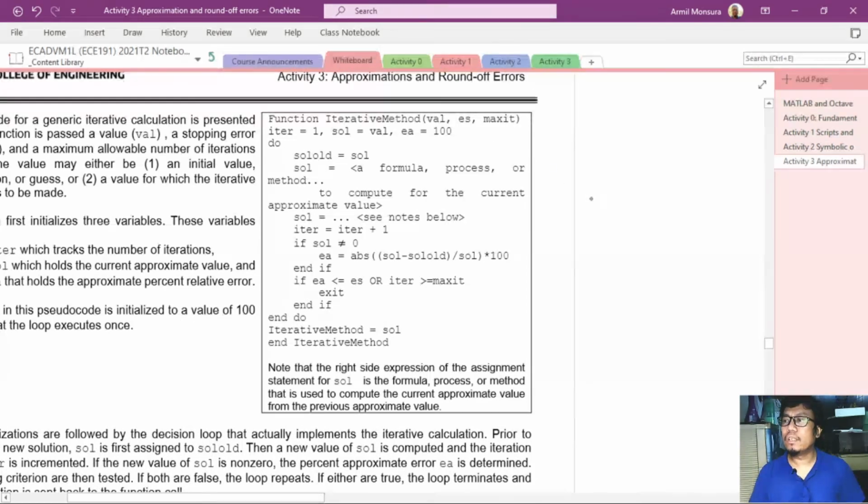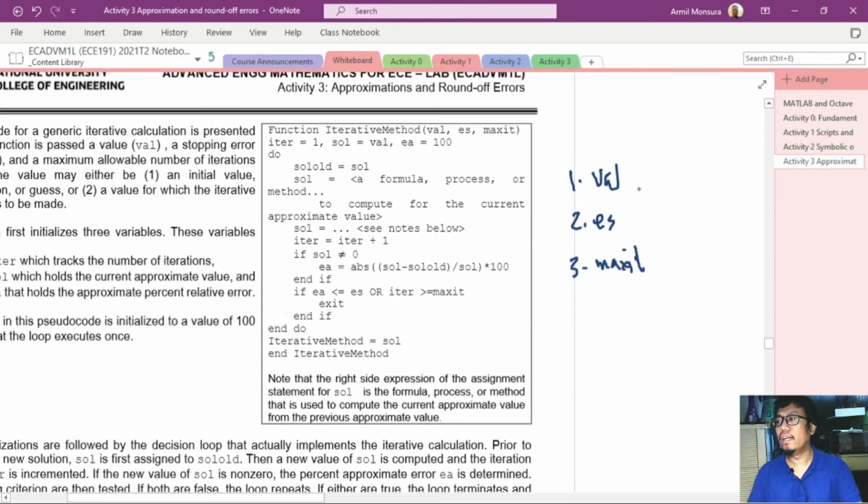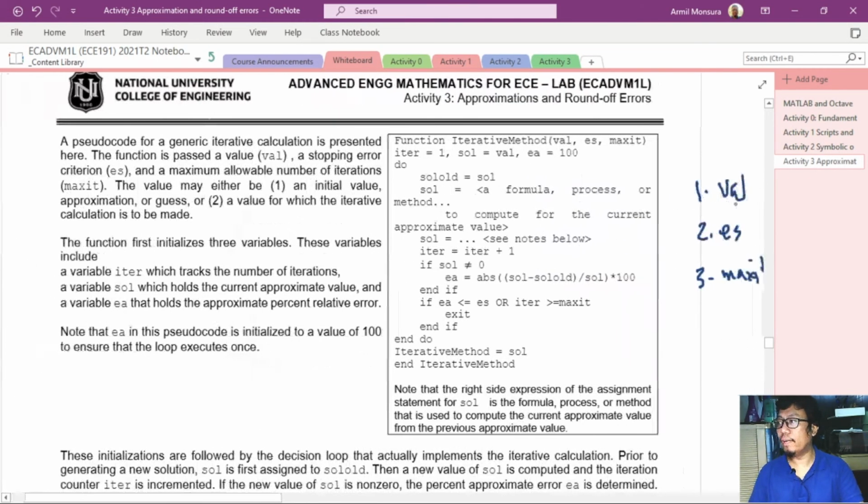Okay. Usually your pseudocode would require three inputs. These are variables, not always fixed. Three variables: one is val, two is ES, and three is max IT. The variable val is a value.